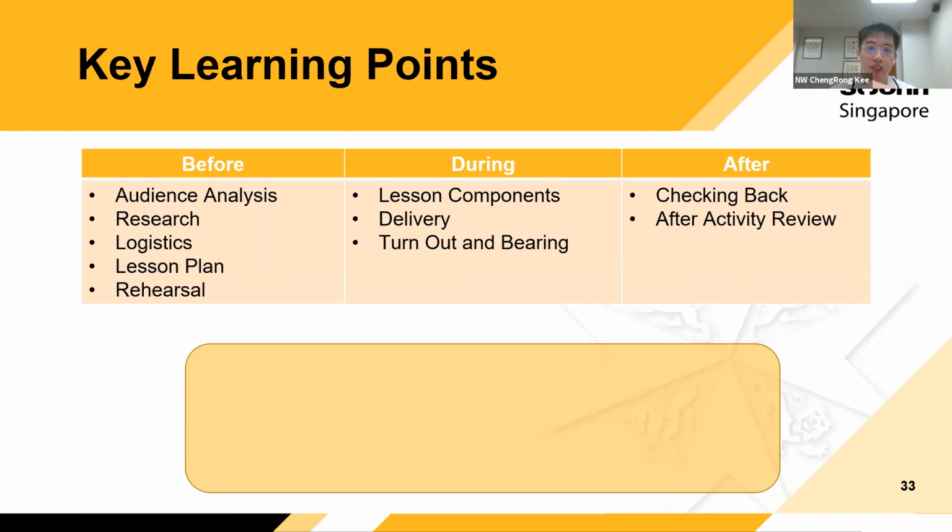Lesson components: the 5 lesson components are explanation, demonstration, practice, questions, as well as debrief. And lastly, delivery: how you should speak, and your turnout and bearing, your attire. Then we move on to the after phase, checking back and after action review to check back on the understanding of your target audience.